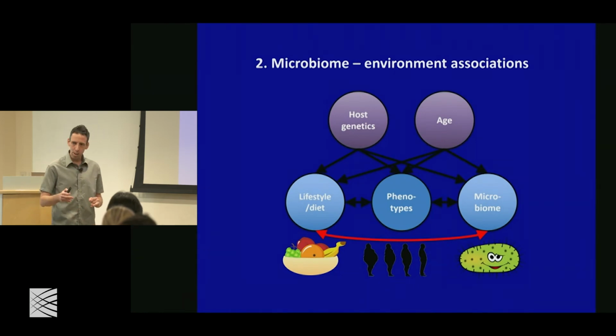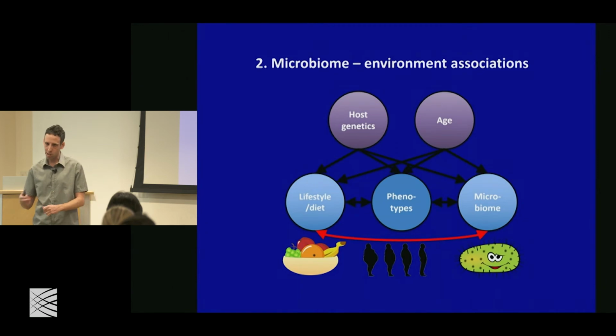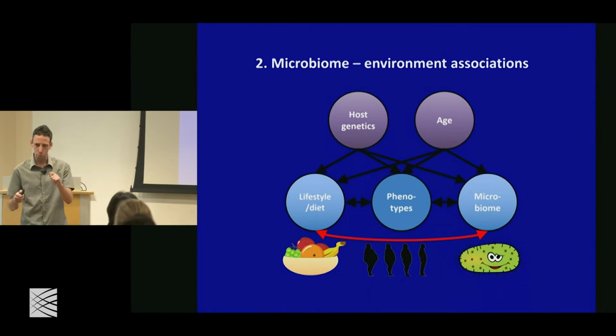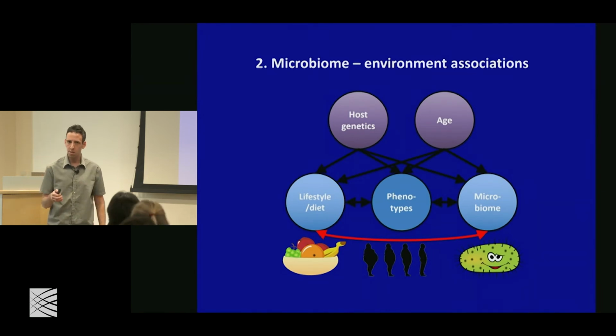We actually did many more tests that I don't have time to go into, because I also don't think they're very interesting. We tried to look at associations with specific taxa and specific SNPs, and we didn't really see an association. But I'm not saying that it doesn't exist.